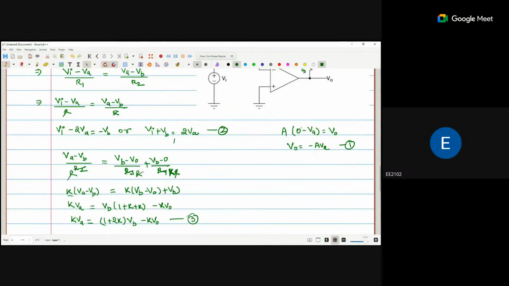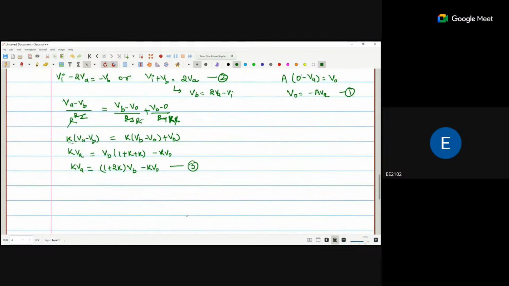So I calculate VB from here. VB is 2VA minus VI. Okay, and now put the value of VB here. So K times VA is equal to (1 plus 2K) times (2VA minus VI) minus K V naught.